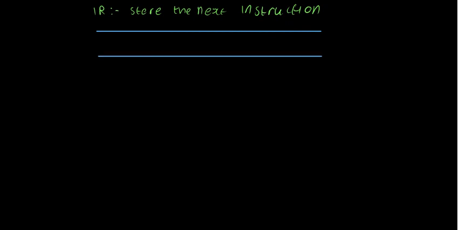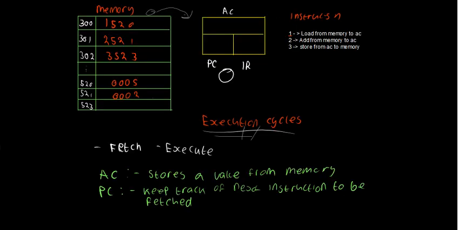In the IAS a single memory location can store data or it can store an instruction. If you've noticed my memory locations here, these are in a number format called hexadecimal, hex.